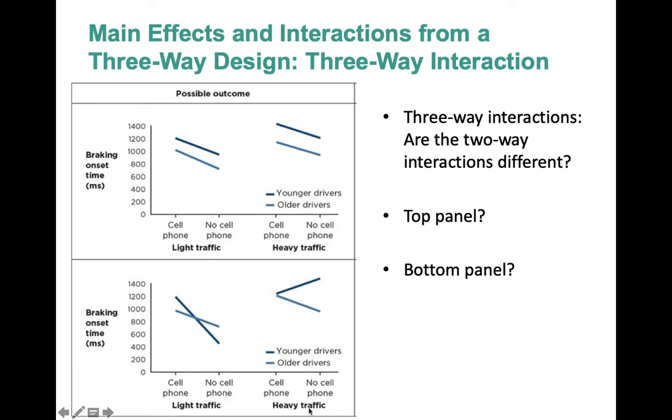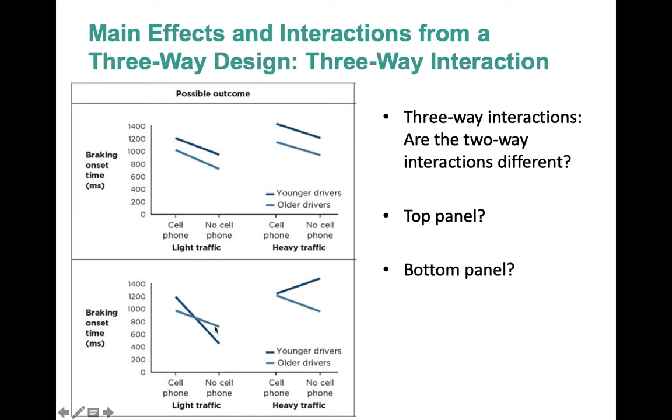However, is that true when there's heavy traffic? Well, they have the same braking time. In other words, no difference. Previously, we saw differences. Here we see no difference in braking time when using a cell phone. And here we've got younger drivers being slower to brake when not on the cell phone in heavy traffic, okay?